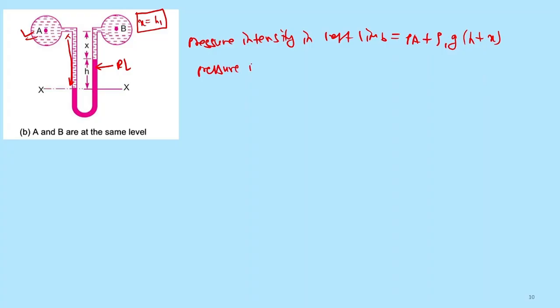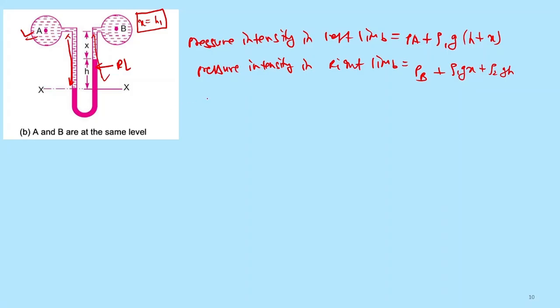And similarly, pressure intensity in right limb is equal to pressure due to point PB and pressure due to this pipe, that is PB plus rho 1 g x plus rho 2 g h.